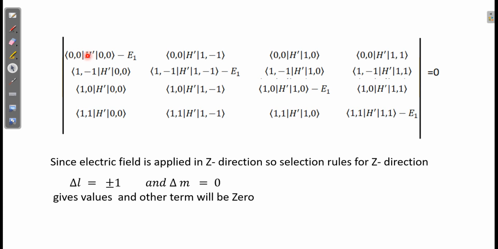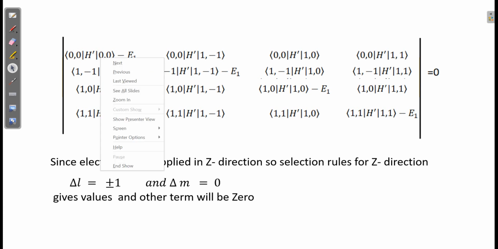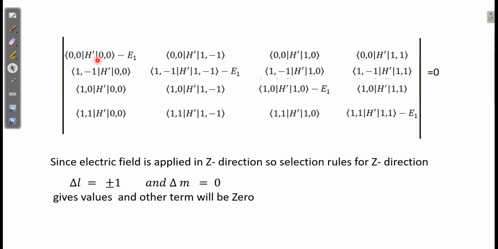The requirement is plus minus 1, so this integral will be 0. For 0 and 1, delta L is 1, but delta M is minus 1 minus 0, that is minus 1. Delta M requirement is 0, so this term is 0.